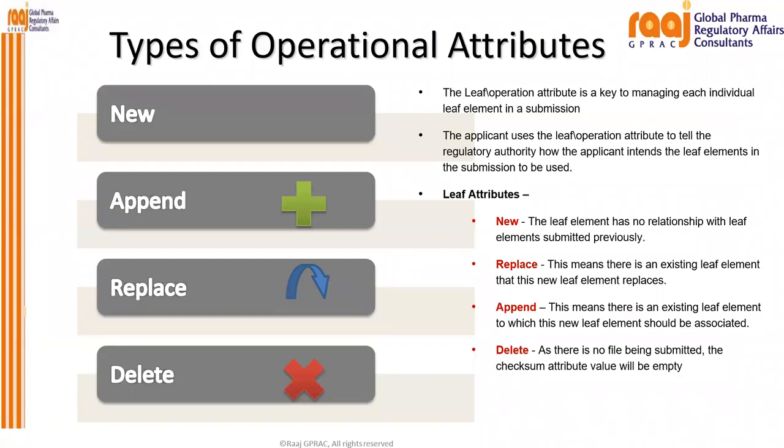So what does the new attribute mean? This leaf element has no relationship with a leaf element submitted previously. It means an entire new document you have to attach and use the new button. Correct? So whenever you are submitting sequence 0000, that is the original application, you have to use this new button. In case of 0001, the next sequence, you are also adding the cover letter as new. So use the new button.